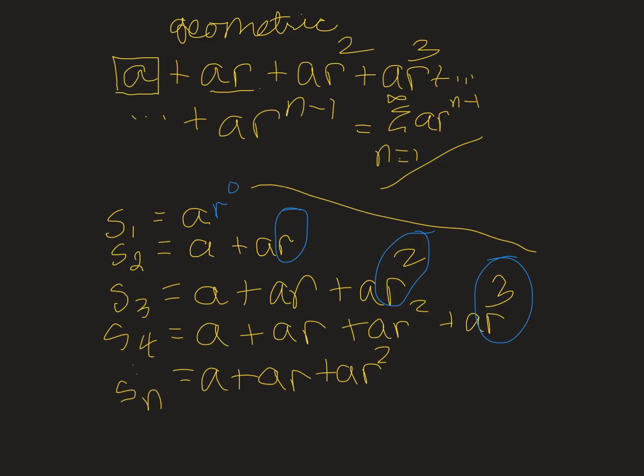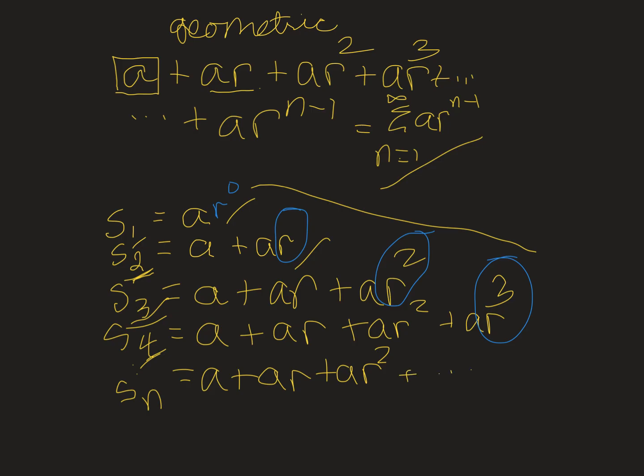Okay, so let's look at it. In our partial sum, compare the index to the exponent. The index is which partial sum we're talking about. The exponent is the last exponent that shows up. And what you notice is that the exponent is always one less than the index.